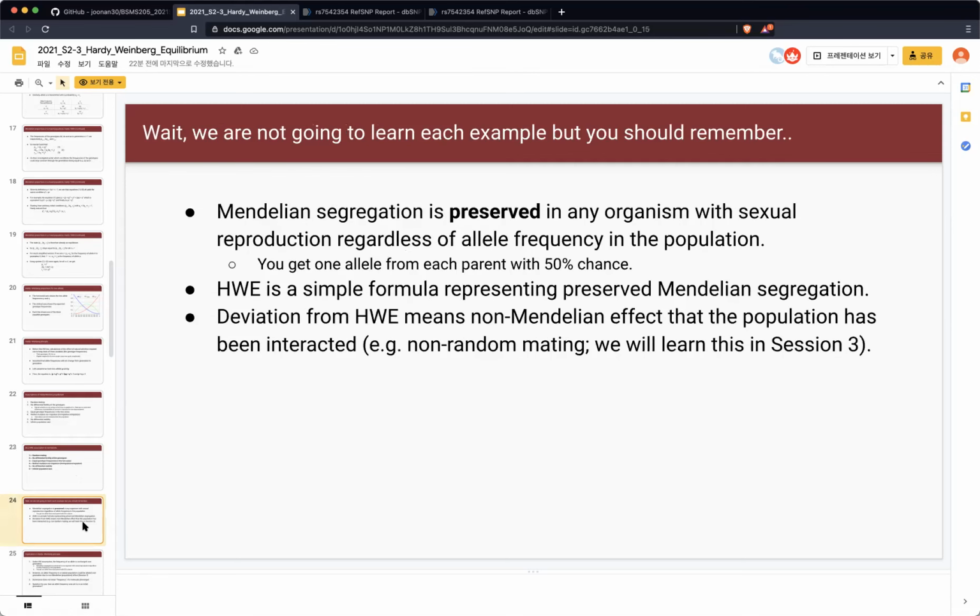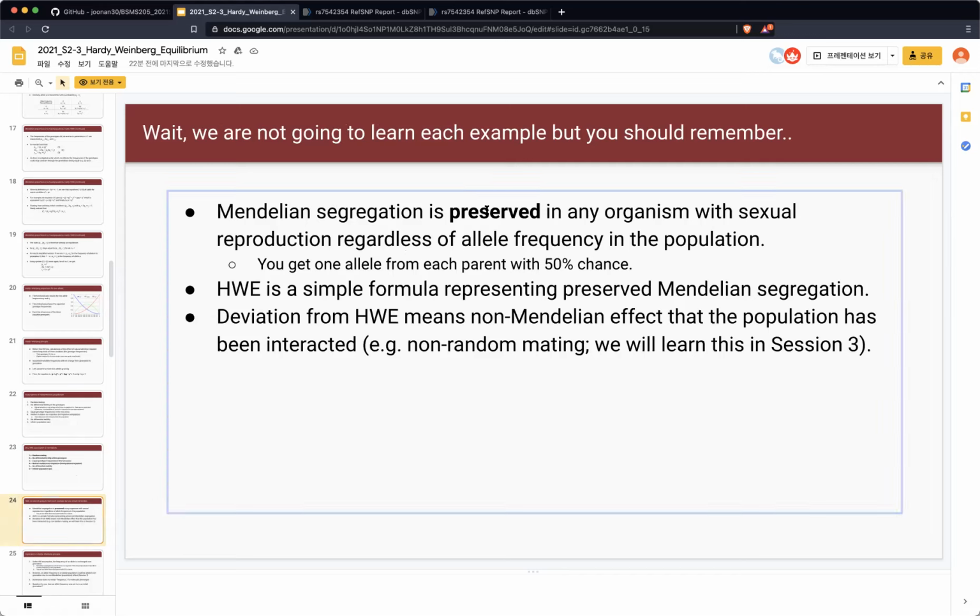Once you know about Hardy-Weinberg, before we move on, there are a few things we have to know about the implications. The first is that Mendelian segregation is preserved in any organism with sexual reproduction, regardless of allele frequency in the population. That means it never changes in nature, whatever the environmental factors.